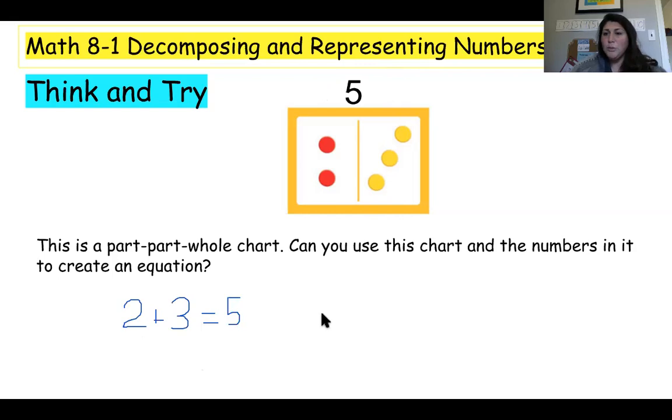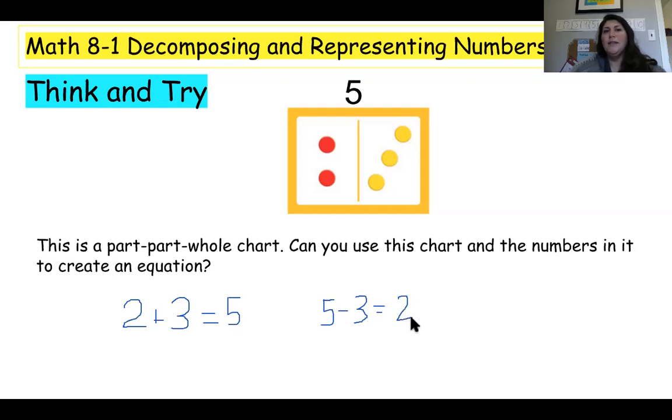What if I start with my whole, so 5, and then I take away either 3 or 2? And so if I take away 3, how many are left? 2. There are many, many different answers.